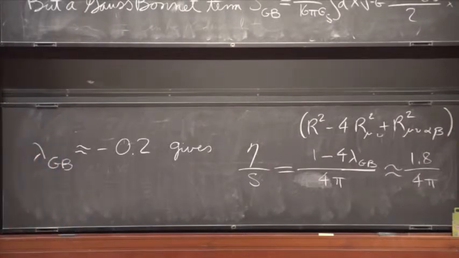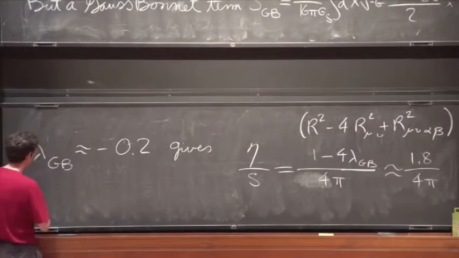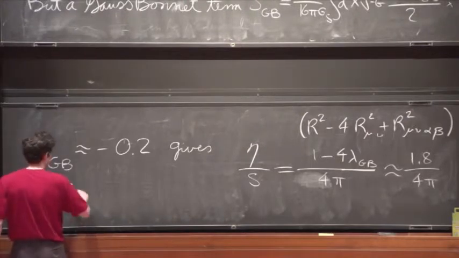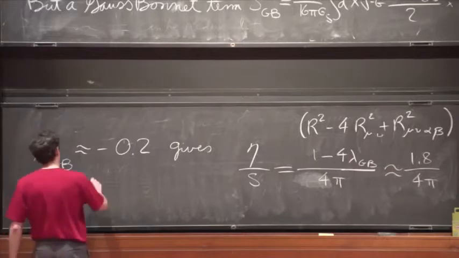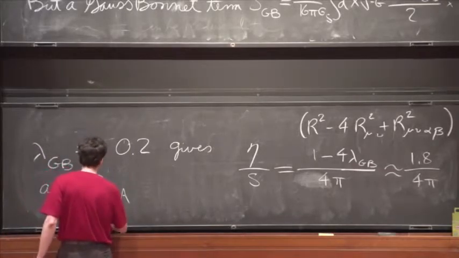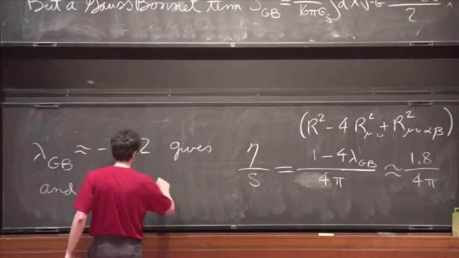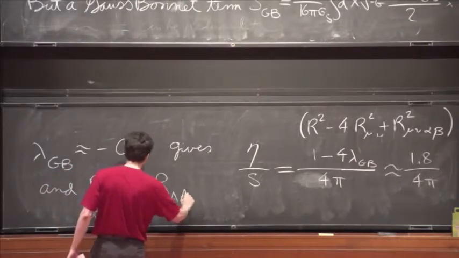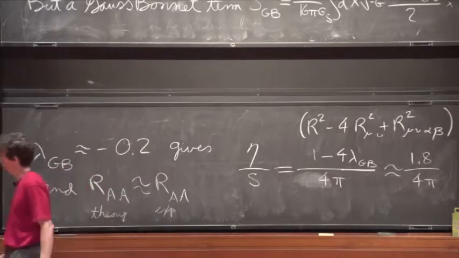At any rate, let me just state what I know, that this value of lambda Gauss-Bonnet gives both a phenomenologically attractive value for eta over s, and also it gives a good match with experiment, both for RHIC and for LHC.